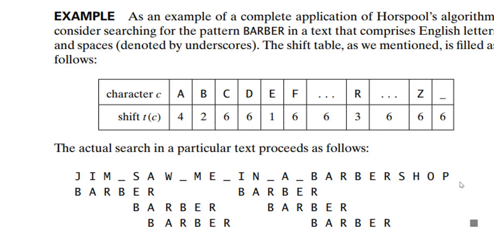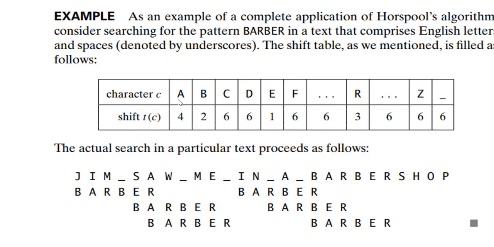This is the actual string. When we have to search this, we have to do the shifting of the BARBER text many times. Whenever we are doing this process, we need a shift table.